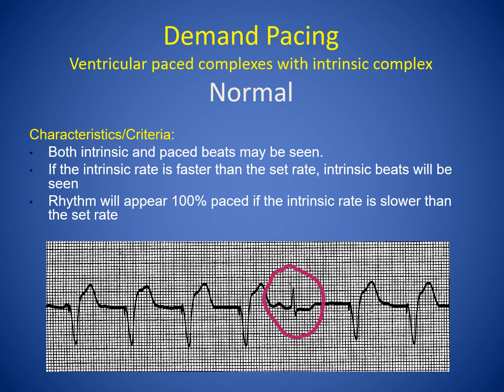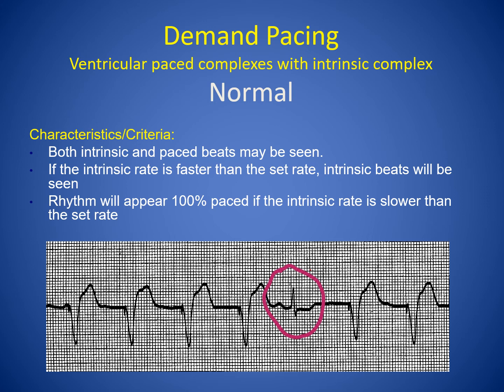So what you're going to see is, for characteristics, both intrinsic, the patient's own beat, and paced beats. If the intrinsic rate is faster, so if the patient's own heart rate is faster than the set rate on the pacemaker, then you can see the intrinsic beats.